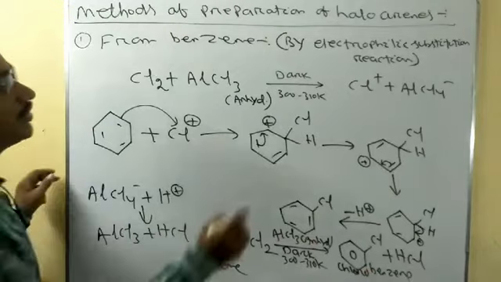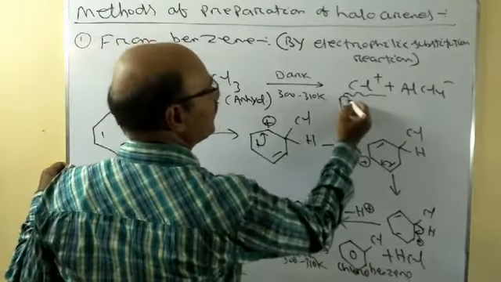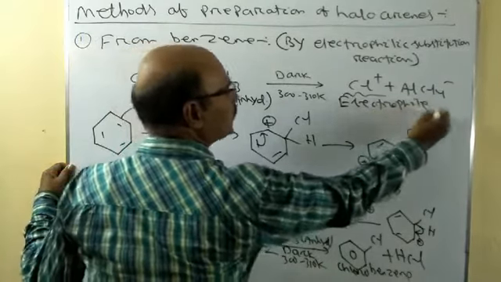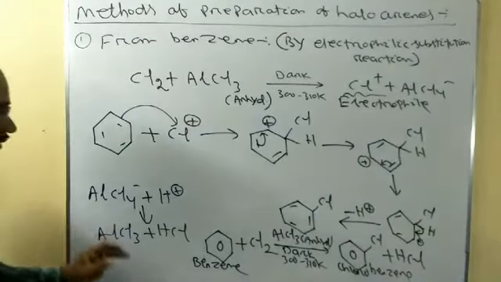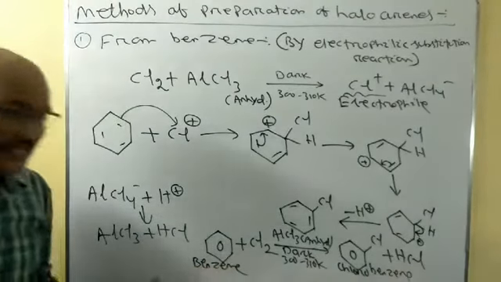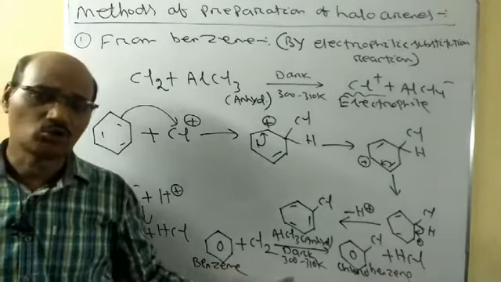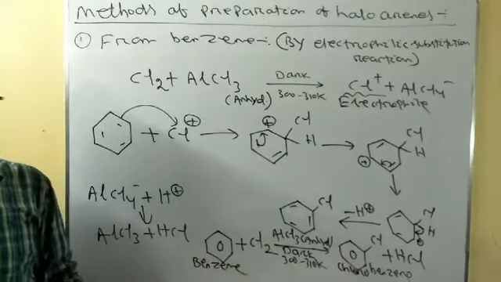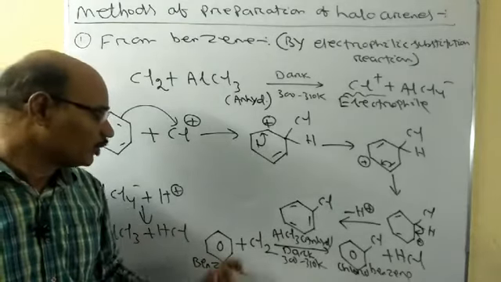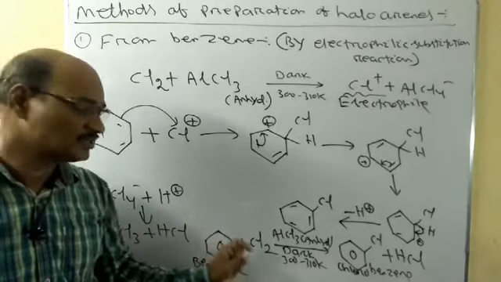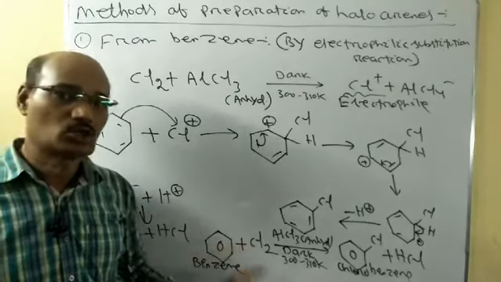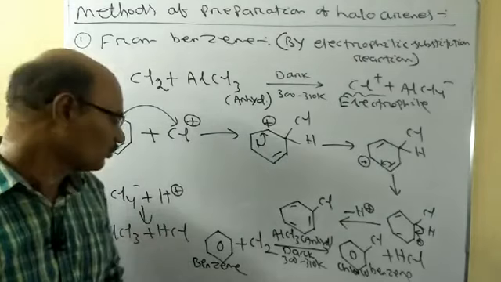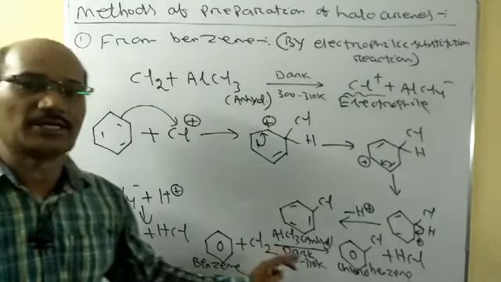Here Cl+ is the electrophile, and we do this reaction in dark condition to avoid any kind of addition reaction. When we do this reaction in presence of light, it may undergo addition across the pi bonds of the benzene ring, that's why we do it in dark.